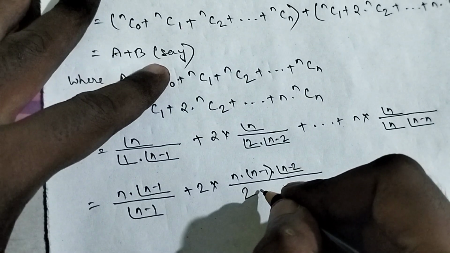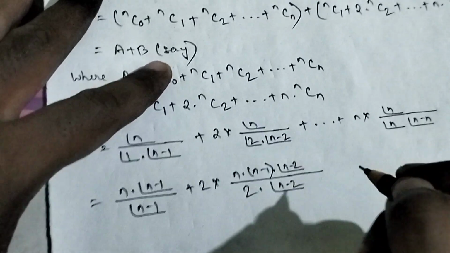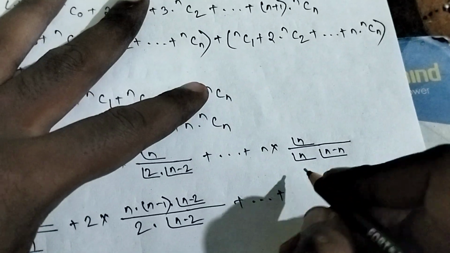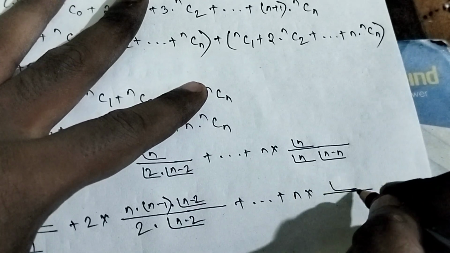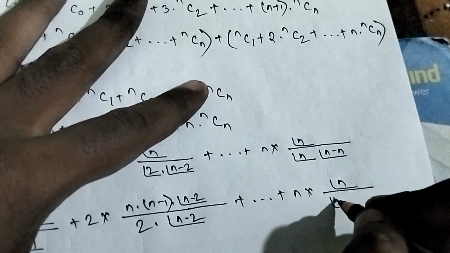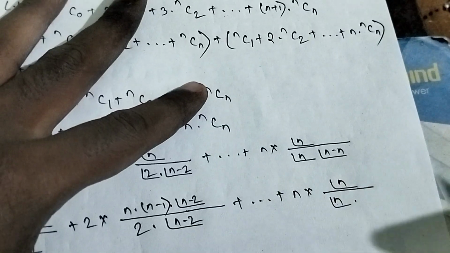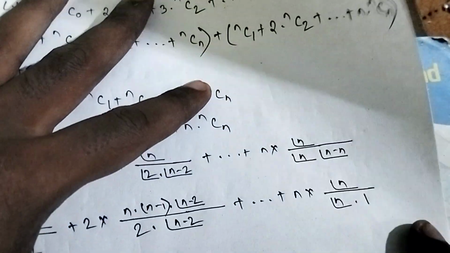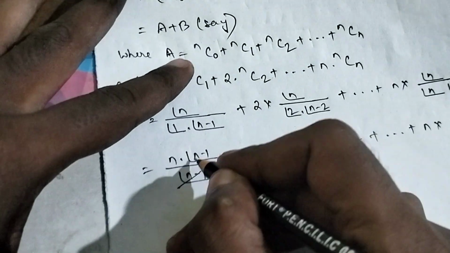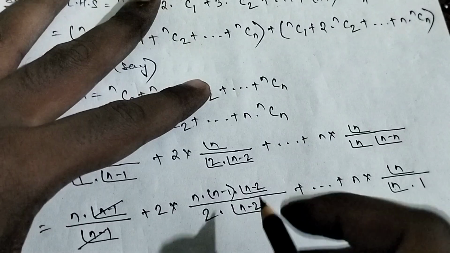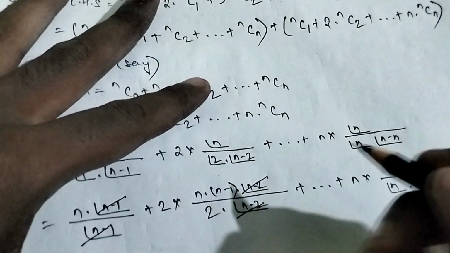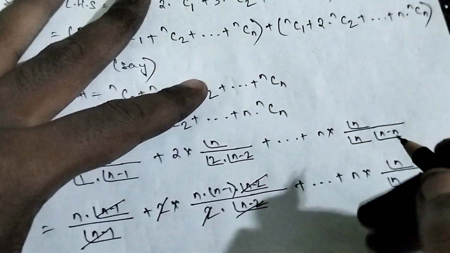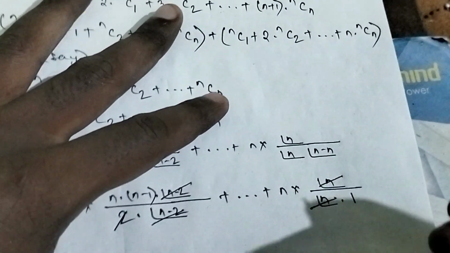In this way, the last term has 0 factorial, which is 1. Here (n-1) factorial cancels, (n-2) factorial cancels, 2 cancels, and n factorial cancels.